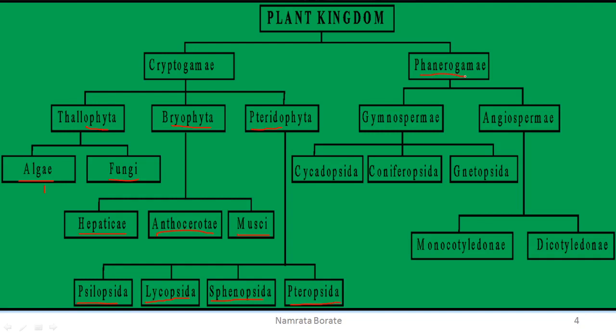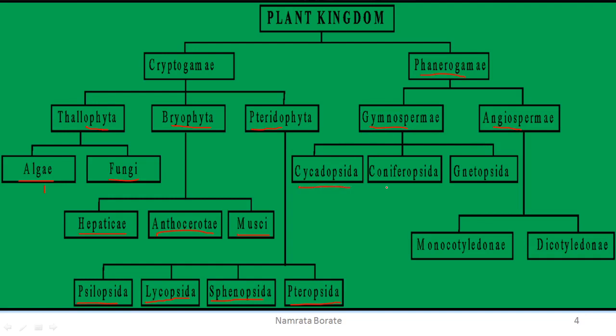The second subkingdom is Phanerogames. This Phanerogames is also called Spermatophyta, as these are flowering plants, and these flowering plants are vascular plants, classified into two divisions. First division is gymnosperms, and the second division is angiosperms. Gymnosperms are further classified into three classes.